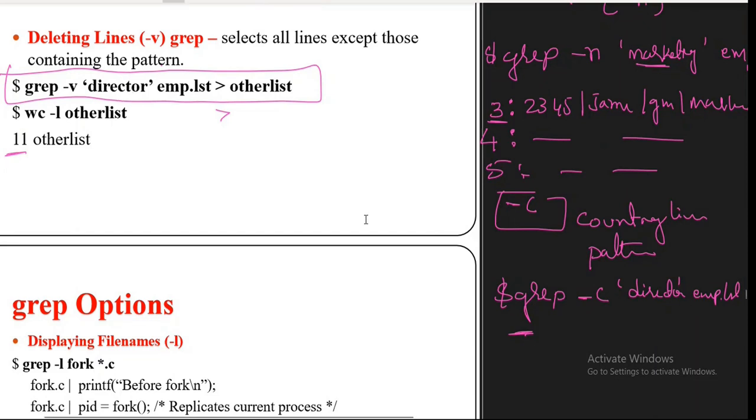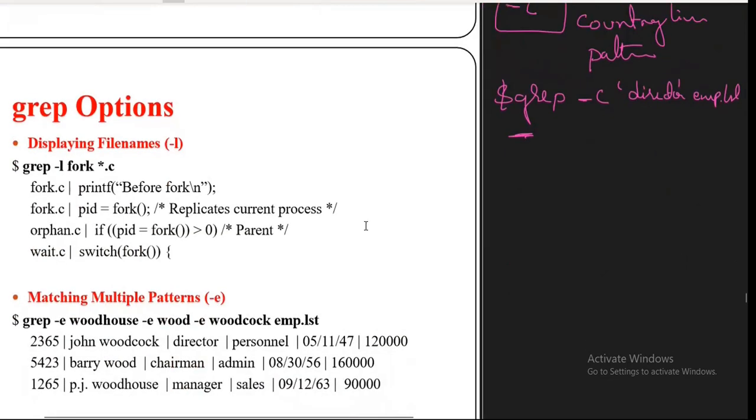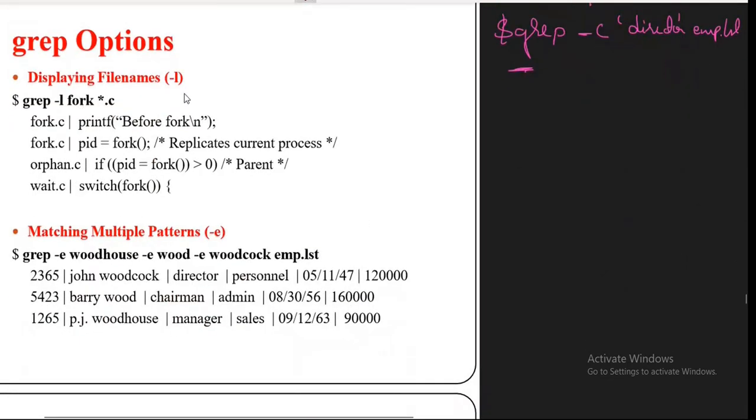Okay, next, displaying file names. Wherever that particular pattern is found, it is going to display the file name. You can just see grep minus l fork. Consider this is some C program where I am searching for the pattern. You see here I have not given the codes, but still you will be able to run this, because if it is one word, codes are optional.